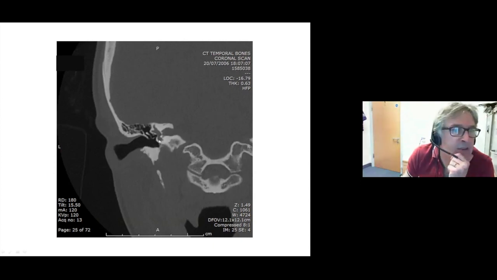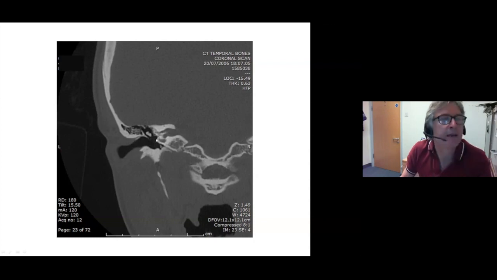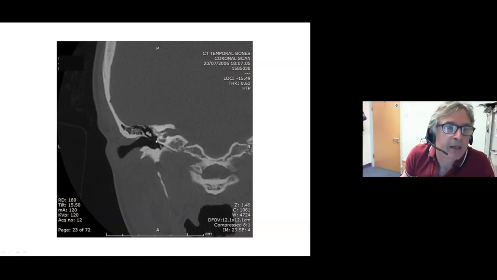The coronal images are great for looking at the spiral structure of the cochlea, and you can see this very nicely here. So this is the basal turn of the cochlea. Remember, it makes a bulge into the medial wall of the middle ear cleft called the promontory. This is where glomus tympanicum tumors typically occur.